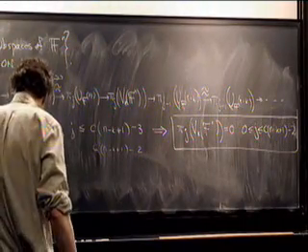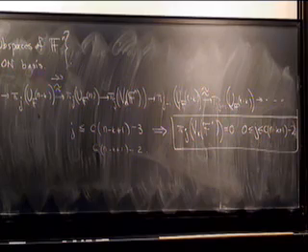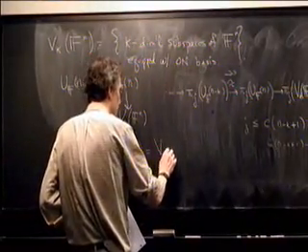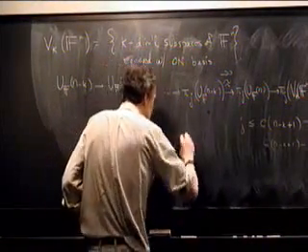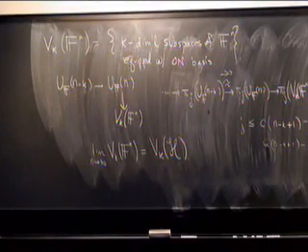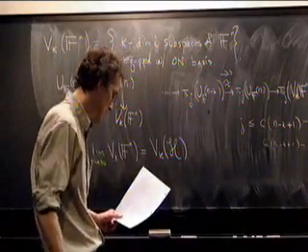And so that suggests that if I take a limit again, as n goes to infinity of Vk of Fn, let's call that Vk of Hilbert space. So that's going to be k-dimensional subspaces of a Hilbert space equipped with an orthonormal basis.